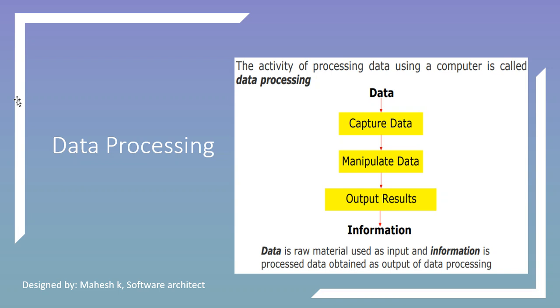When data is provided by the user to the computer, it captures it, and then based on arithmetic operations, it manipulates the data and provides the output result in the desired format, which means a user readable format. Data is the raw material used as an input, and information is the processed data obtained as an output of data processing.